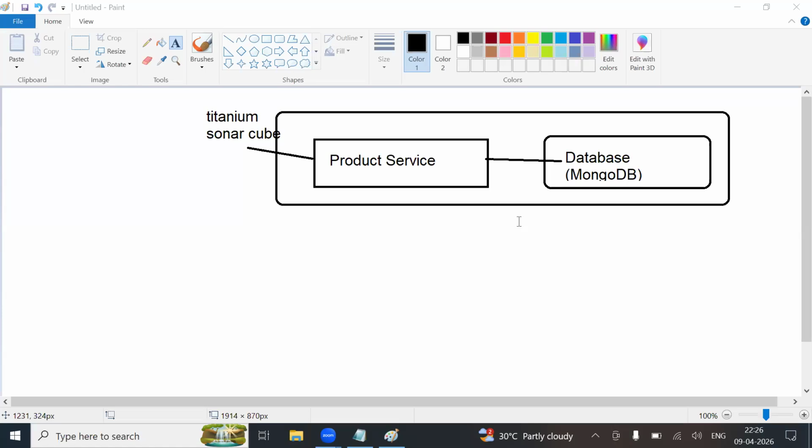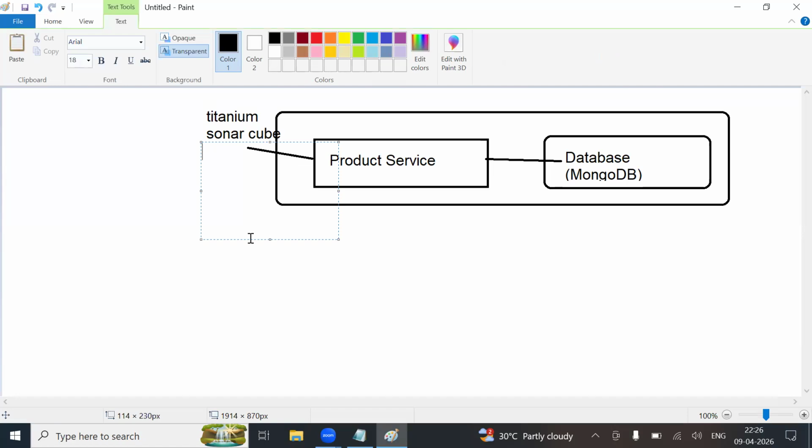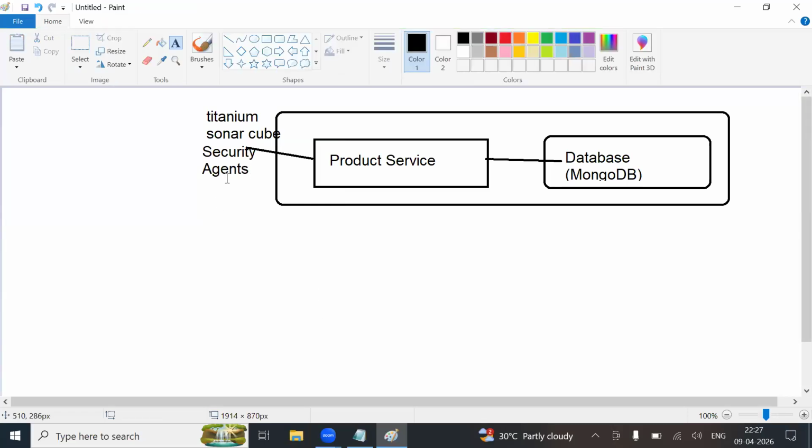So you understand, whenever you make a call to the product service, these are called security agents for servers. If you have worked as an application architect, you should be aware of them. The agents scan that URL and ensure the request is valid, that it is coming from the proper request channel.